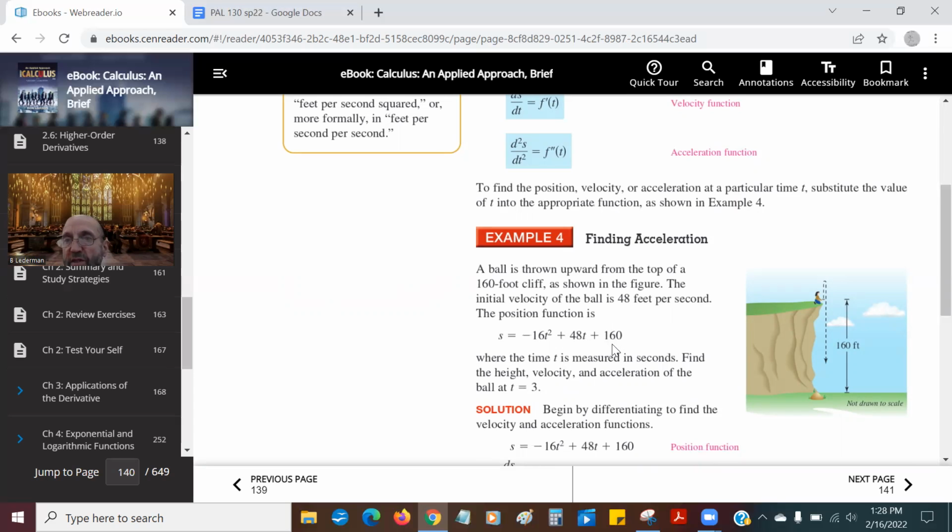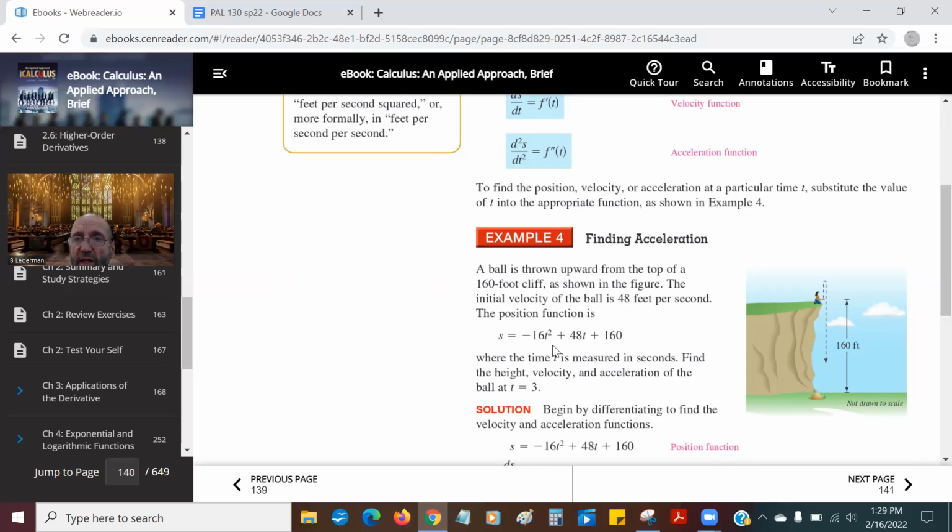Now, by the way, the 160 is the height of the cliff, 48 is how fast the person threw it, and the negative 16 comes from the force of gravity. Gravity is 32 feet per second squared, and in this formula the 16 is negative half the acceleration of gravity. Okay, so that's where the 16 comes from.